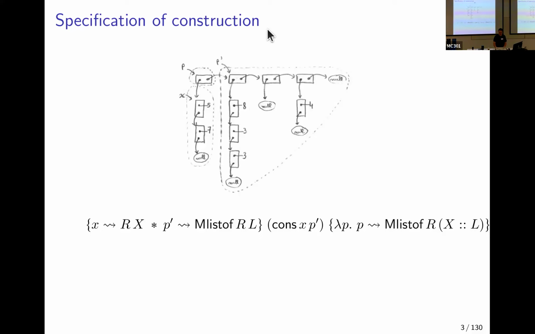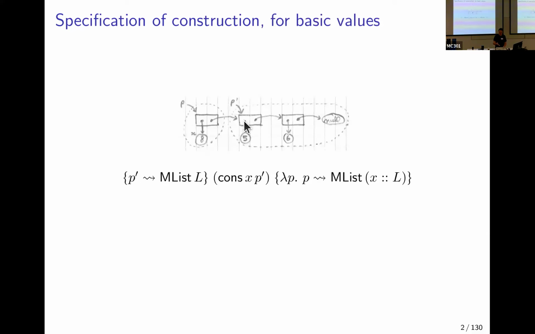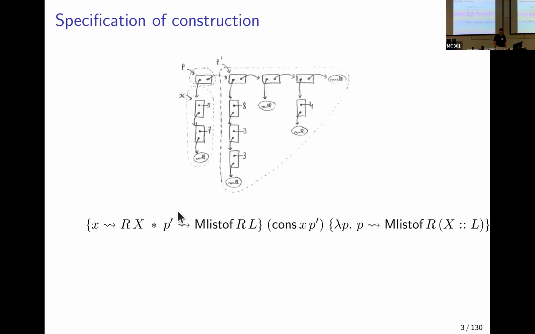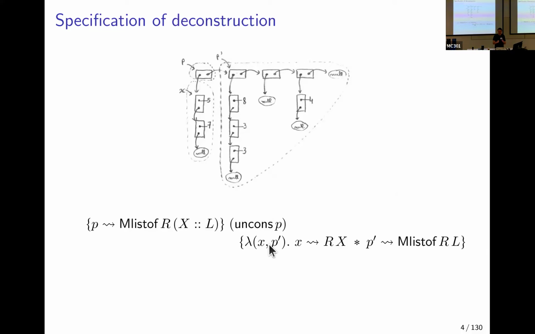So that's for first order lists. If you have a higher order list, it's the same. You have this little piece of heap, just one cell. You have the list, and you have the list of lists here. And when you cons everything, you have the whole thing. There's no problem. When you do uncons, when you get the 2 parts, like the head and the tail, that's also no problem.